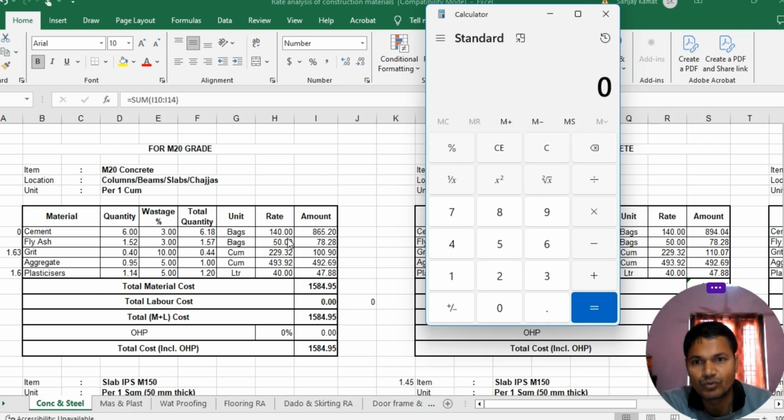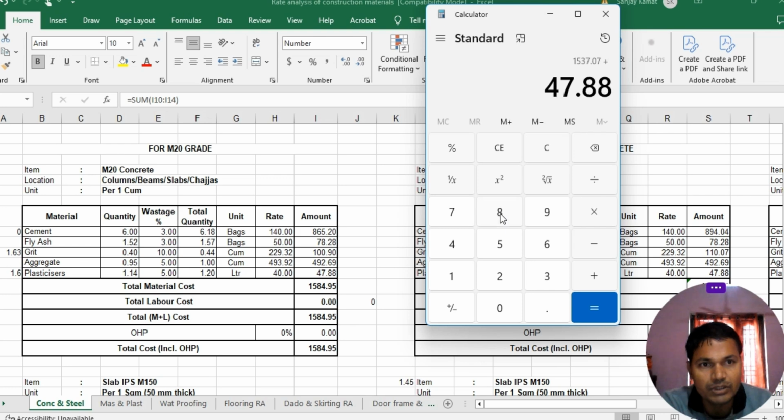Sorry, we have done it for the rate, we are doing the amount only. So 865.20 plus 78.28 plus 100.90 plus 492.69 plus 40.